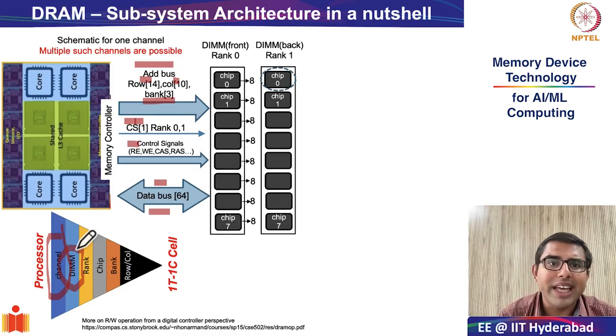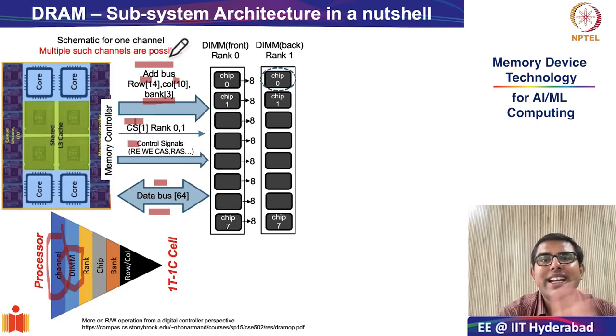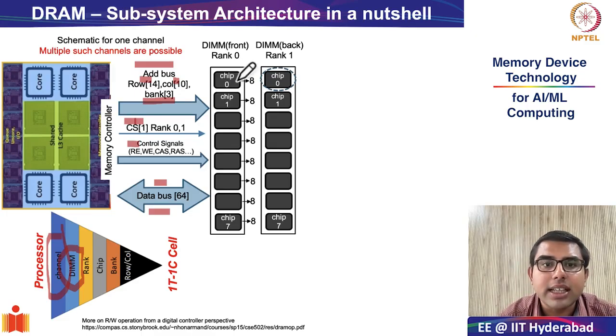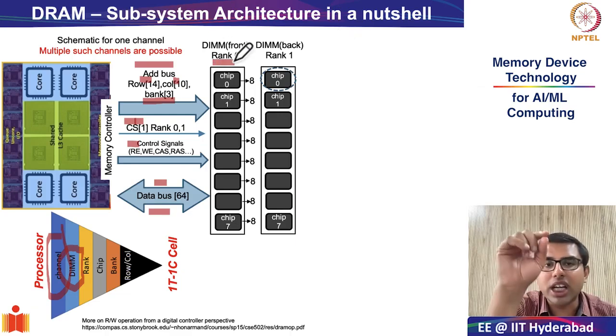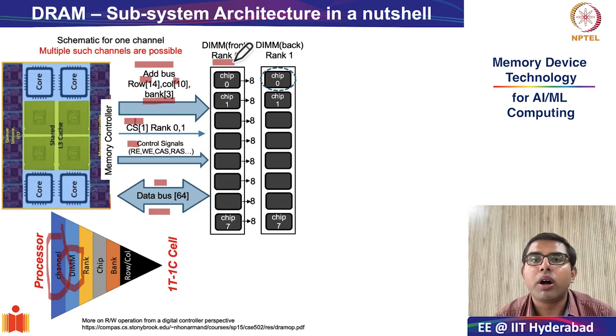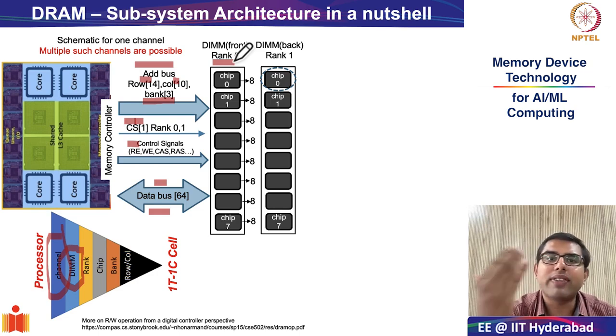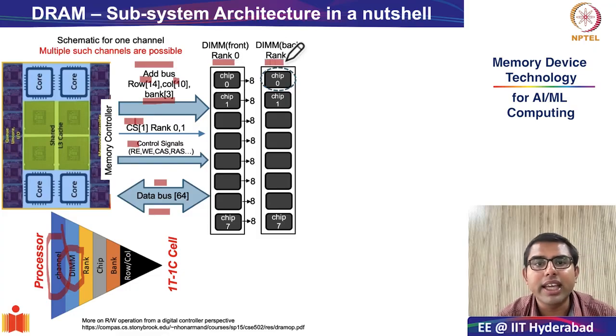As we had seen, it is called dual inline memory module because it has 2 physical sides. On one side you have 8 chips, and the back side also consists of 8 chips. The chips on the front side are generally given the rank of 0, and those of the back side are given the designation of rank 1.